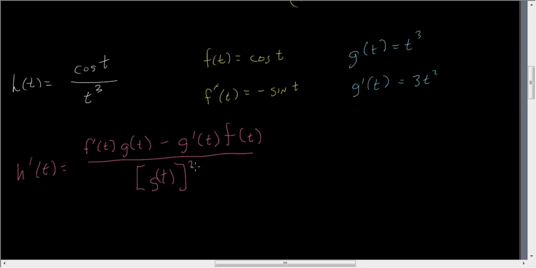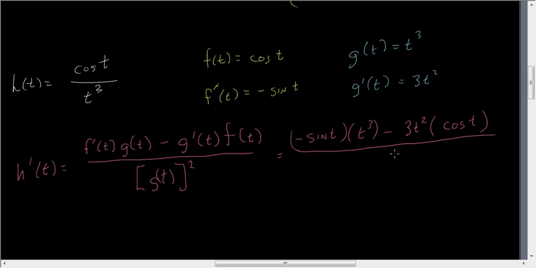All right, so substituting in our values, we have the derivative of f of t is negative sine t times g of t, which is t cubed, minus g prime of t, which is 3t squared, times f of t, which is cosine of t, all over g of t squared, which is t cubed squared.